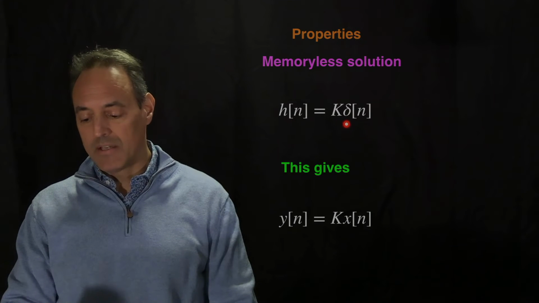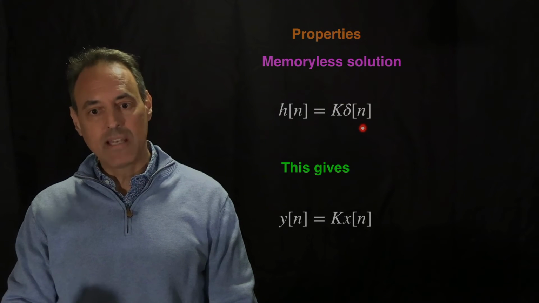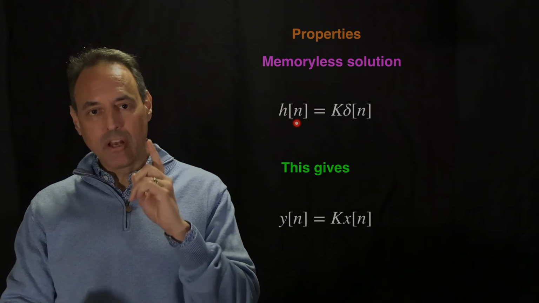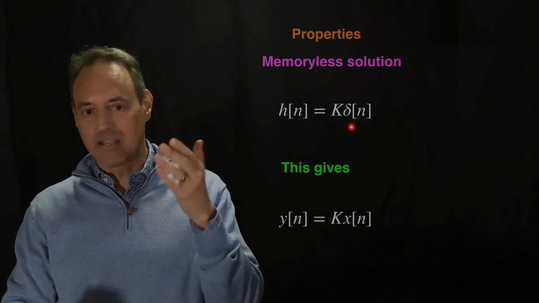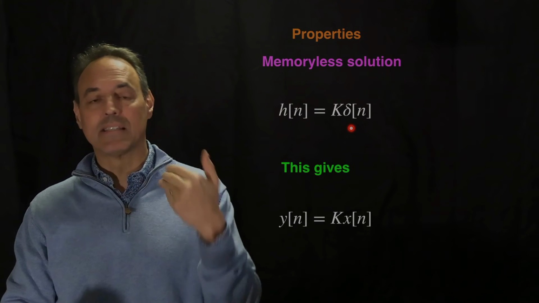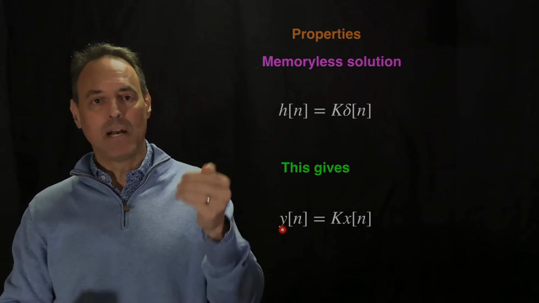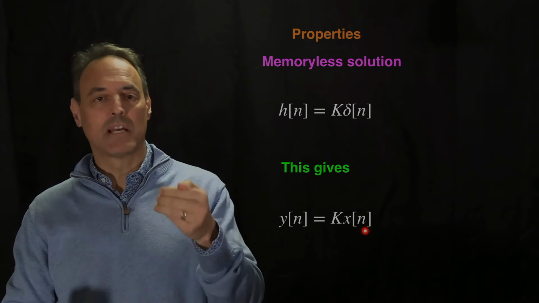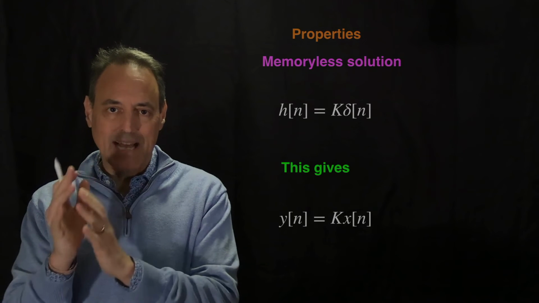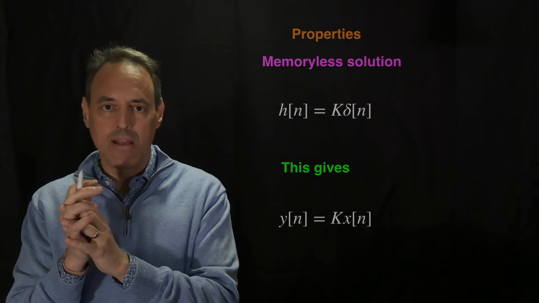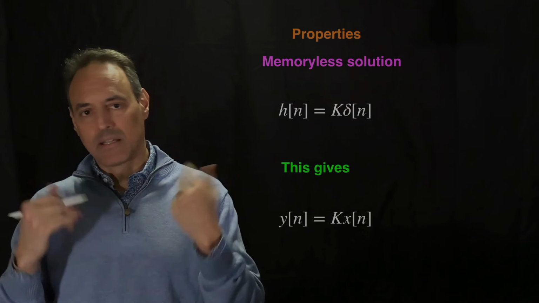So I have h of n is only acting on k delta n. And remember, I'm going to convolve my solution against this h of n, but the h of n is a delta function, which acts as a sifting function, which means my solution y of n is just k times x of n. In other words, I just sift out the value of the signal exactly at that point, by strength k, and I get the value that I need.